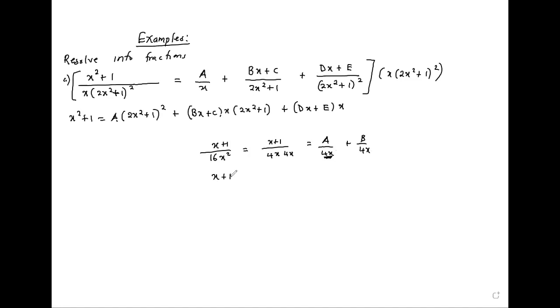And yet, if I say a over 4x, it makes sense because 4x can go in 16x squared. So this is the lowest common multiple of this guy. So when you get the common denominator, what you are saying is that there could be other denominators where these numbers can go, but I've gone for the lowest.